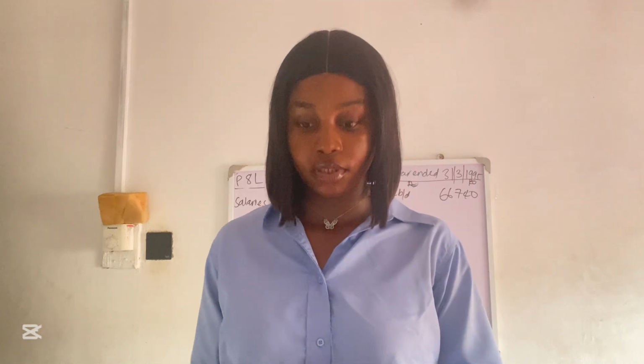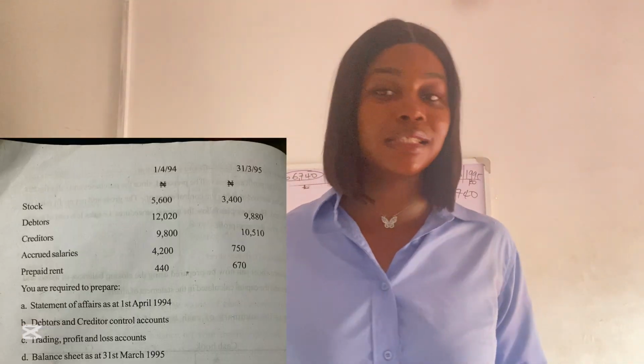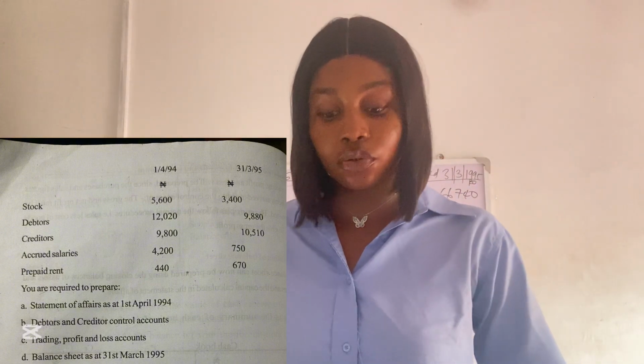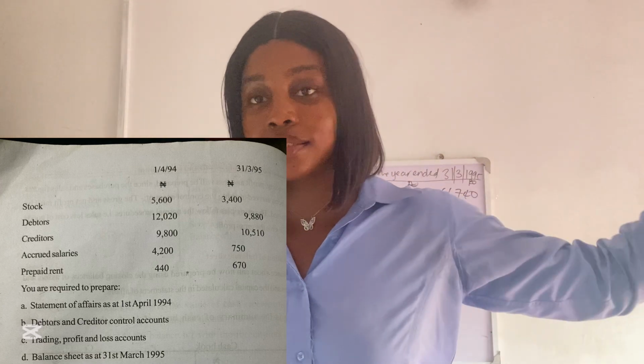So you can't add the two of them. April 1st, 1994 is owing of last year. You can't add owing of last year to this year. What you are going to add is March 31st, 1995. You are going to less owings of last year. You add owing of this year.